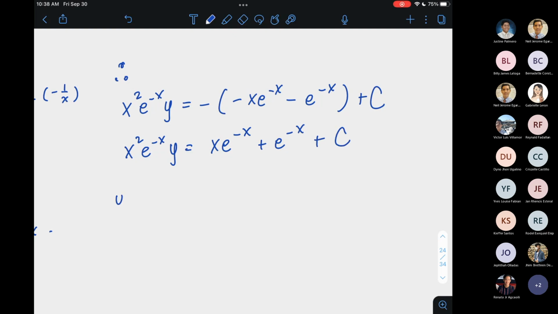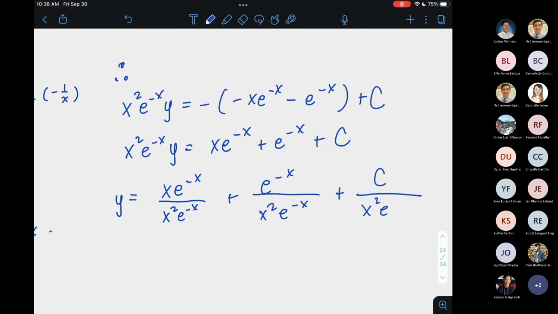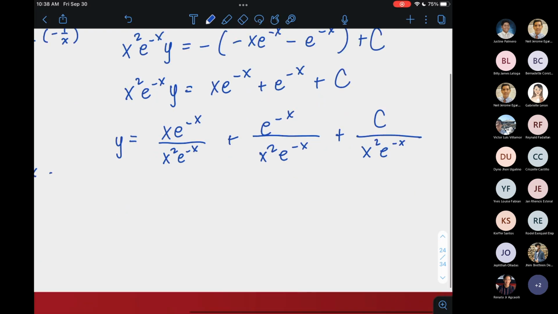And then I can write this explicitly in terms of x. So this would be x e to the minus x over x squared e to the minus x, plus e to the minus x over x squared e to the minus x, plus c over the same guy. I separated it because I'm hopeful that some terms cancel, right?